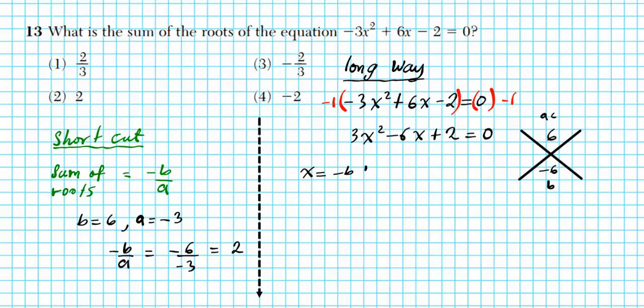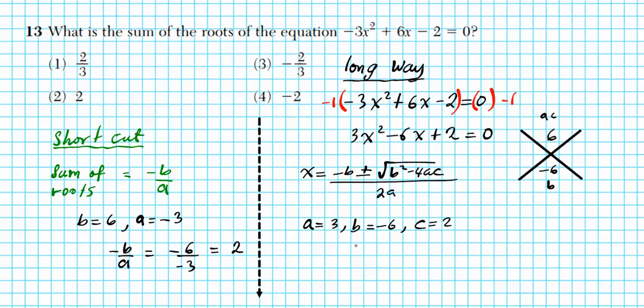x equals negative b plus or minus the square root of b squared minus 4ac, over 2a. Let's list what a, b, and c are first so we don't make mistakes when substituting. So a is 3, b is negative 6, and c is 2.